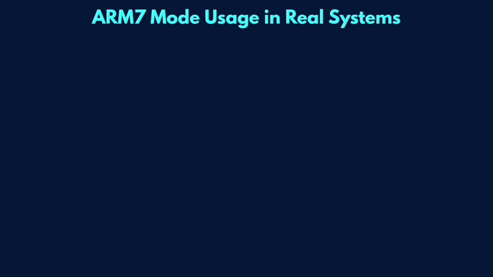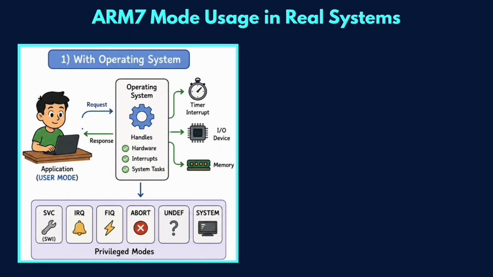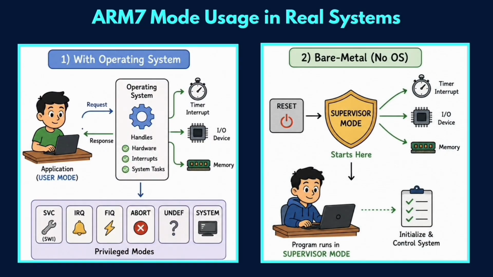Now, one important practical point about ARM7 modes. In systems with an operating system, normal applications run in user mode with limited access. The operating system uses the privileged modes to handle hardware, interrupts, and system level operations. But in the case of bare metal programs like Keil ARM7 assembly projects, there is no OS.